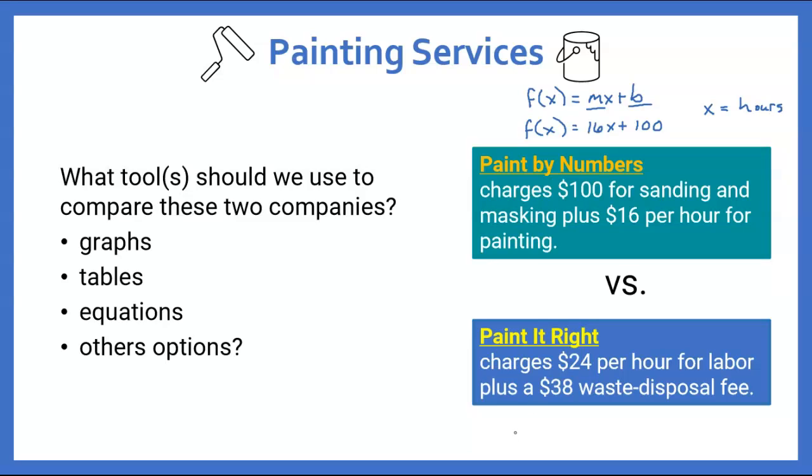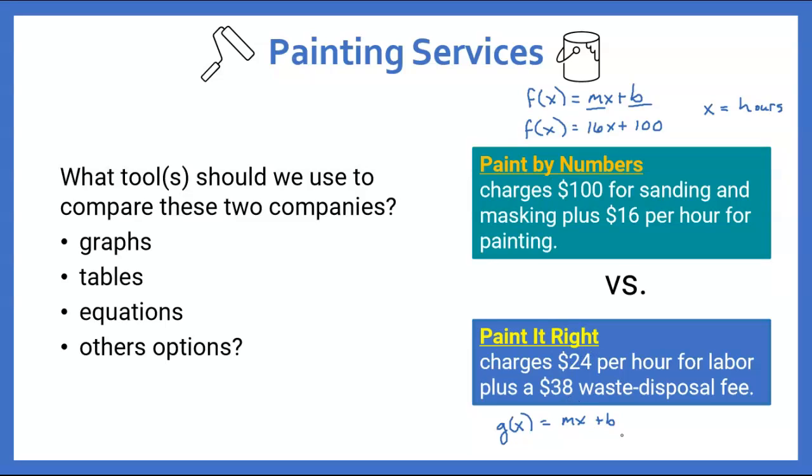Down here with Paint It Right, we'll set up an equation the same way. We'll ask, what is our value at 0? They charge $24 per hour for labor plus a $38 waste disposal fee. So if we had 0 hours, this number would go away. We'd only have $38 left.